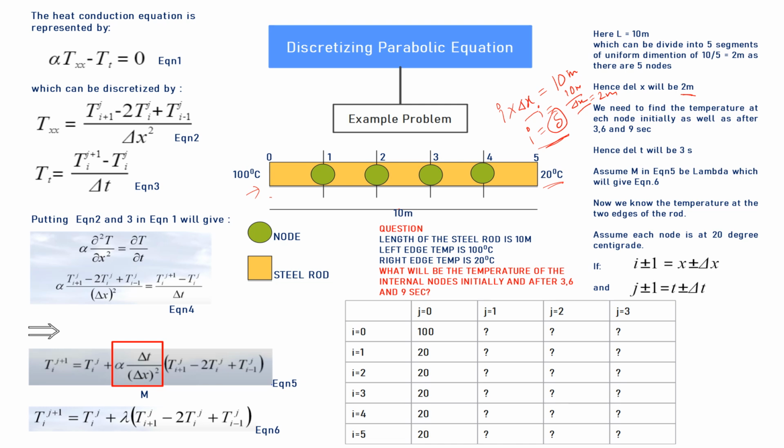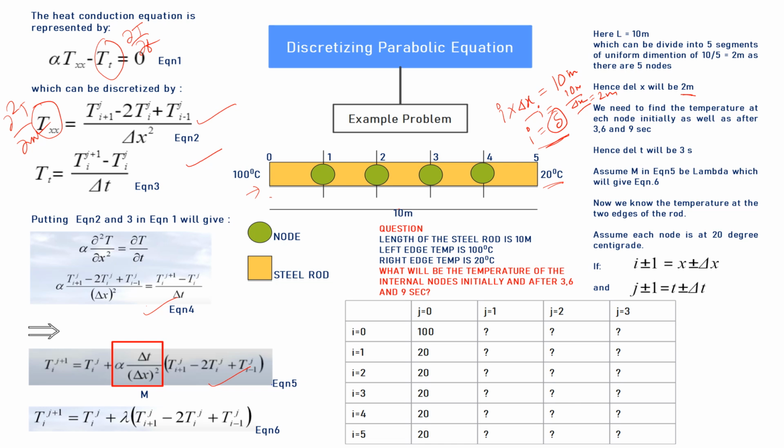In brief, the entire thing I have already discussed is written here, so you can go through it again. This Txx is nothing but del square T by del x square, and this Tt is nothing but del T by del t. Here they have discretized and put it into this equation. After that, this is the resultant, and ultimately the final equation comes like this.